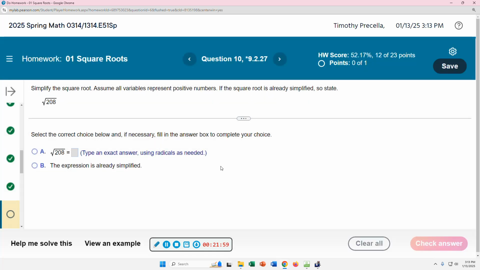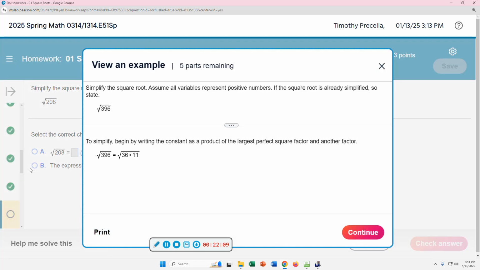Okay, let's stop. Notice down here, there are some help buttons. View an example gives an example just like the problem you're trying to do. In a regular printed textbook, each section may have 5 examples, and as a student I'd be stuck on a problem with no example that looks like it.